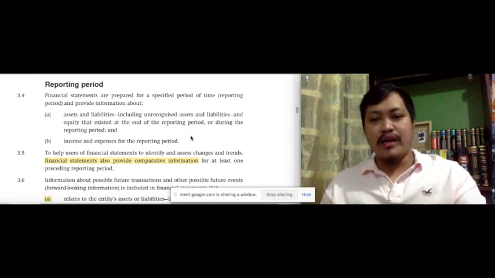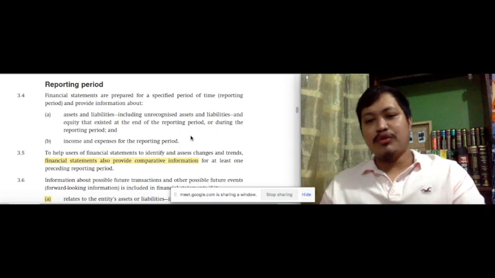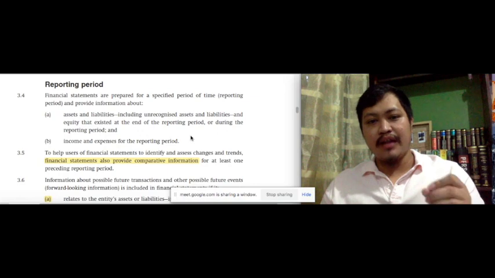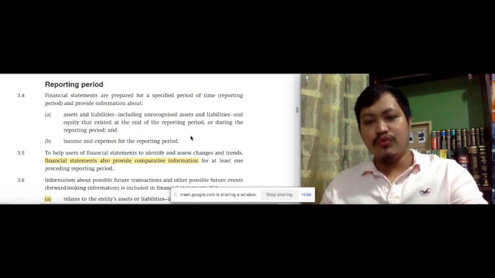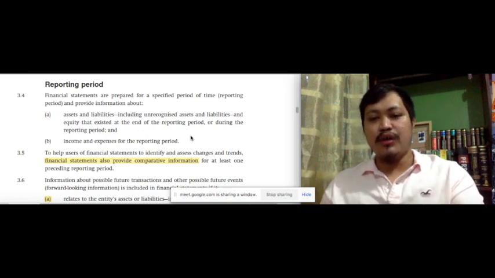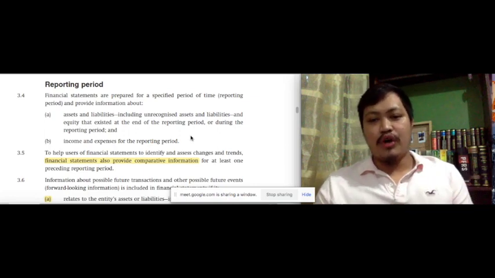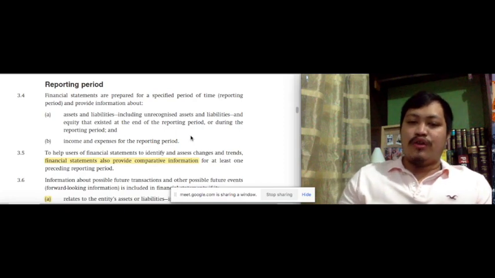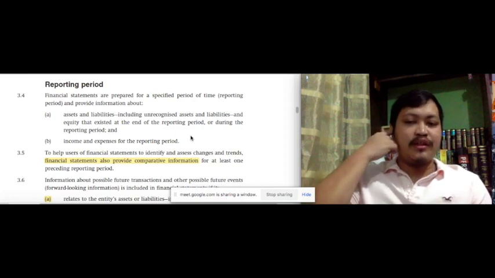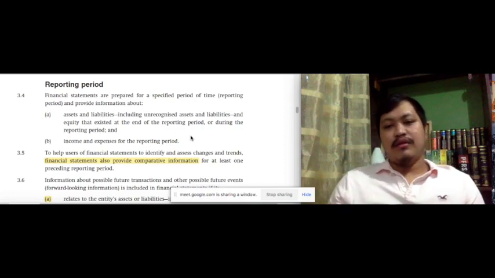We are able to rely on historical measurement, class, on historical valuation, because this is more verifiable and there is no need for us to use current values, since we are under the presumption that the entity is going to operate continuously in the foreseeable future, that the entity will continue to be a going concern.